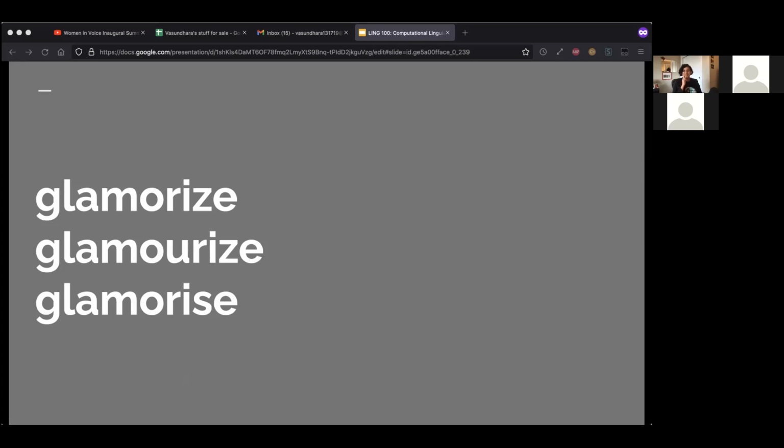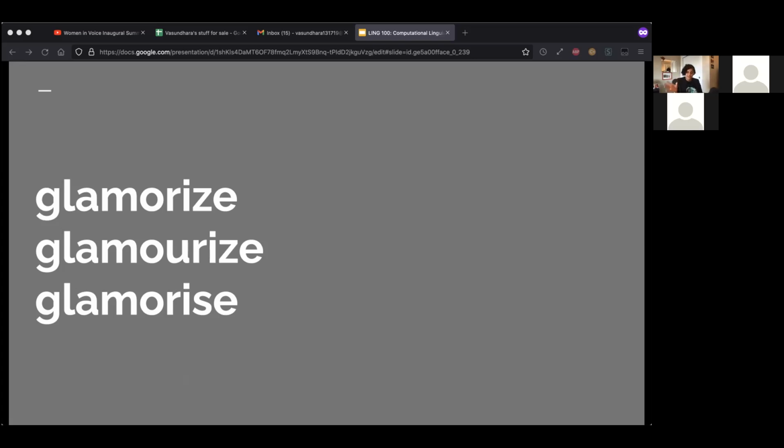So some of you have picked up on the fact that the ending in British English is spelled with an S, and in US English it's spelled with a Z. The first syllable is the same for them all, correct? They're all pronounced almost the same. Obviously there are some accent differences, but the other thing is the O versus the OU.